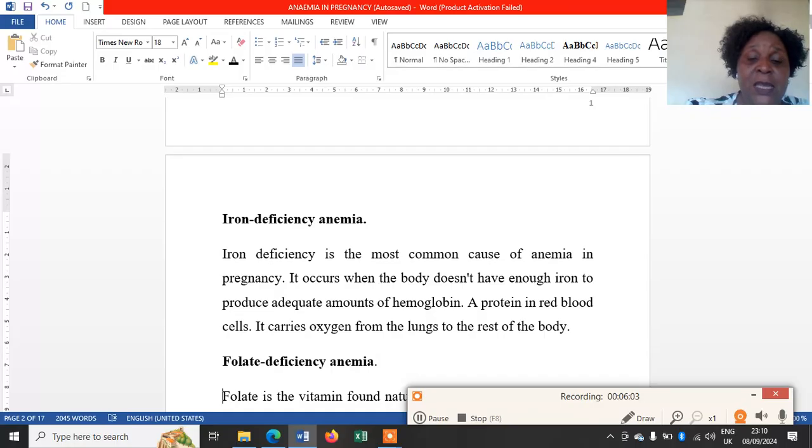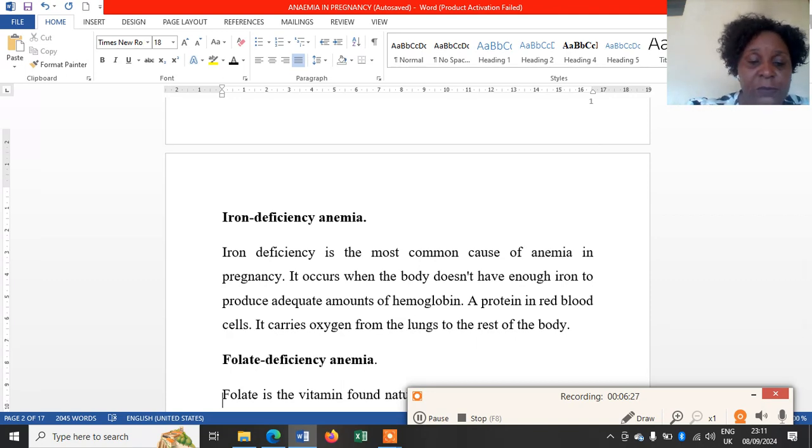So when we say iron deficiency anemia, the body is having a shortage of iron, and iron is a part of the hemoglobin, the protein that carries oxygen. So most pregnant mothers have a deficiency of iron, and they are having what we call iron deficiency anemia.